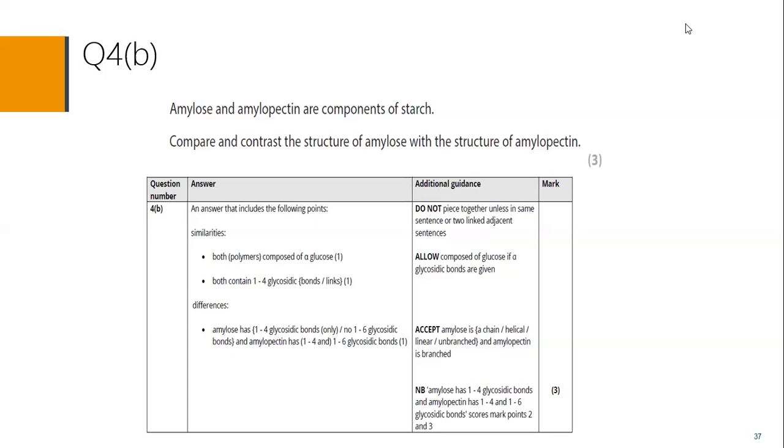NB says, please note, if they've written amylose has 1,4 glycosidic bonds and amylopectin has 1,4 and 1,6 glycosidic bonds, that is sufficient for mark point 2 and mark point 3. If they write it correctly, they don't need an awful lot of sentences to write it.